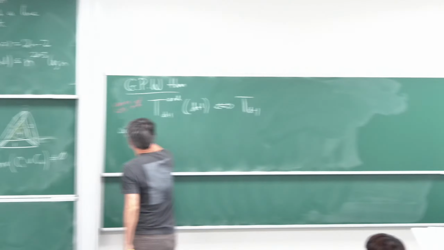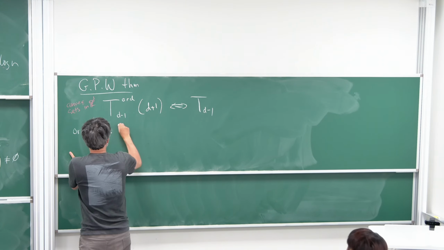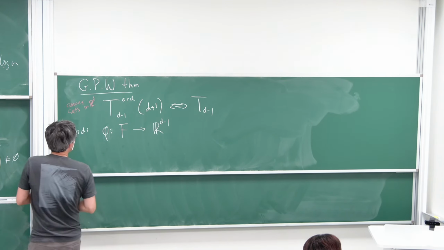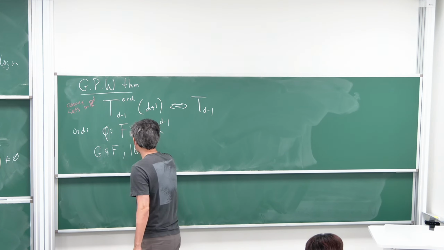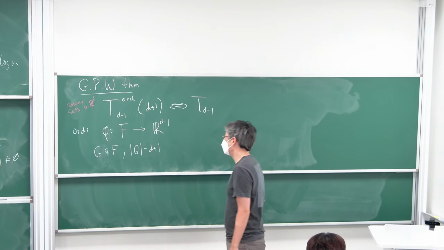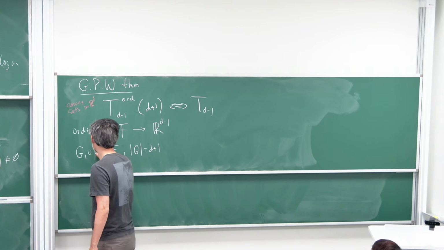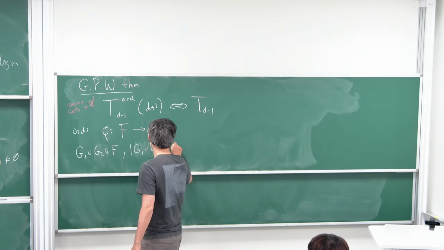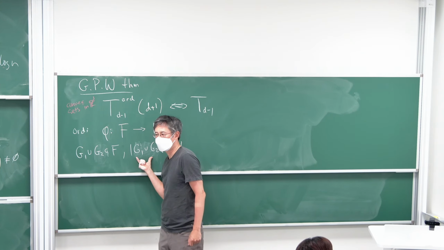So this ordering condition means a map phi from my family of convex sets into R^(d minus 1), such that if I take a subfamily G in F of size d plus 1, I split them into two families, G1 and G2.